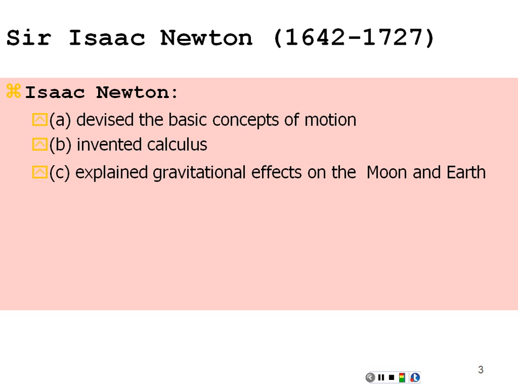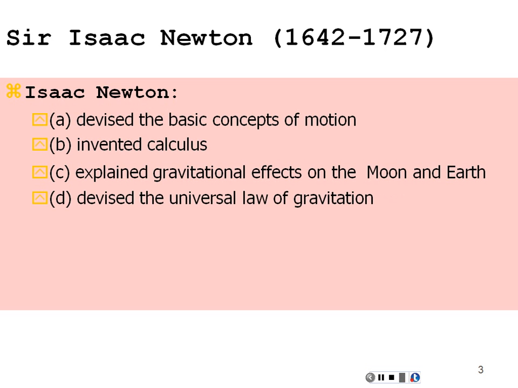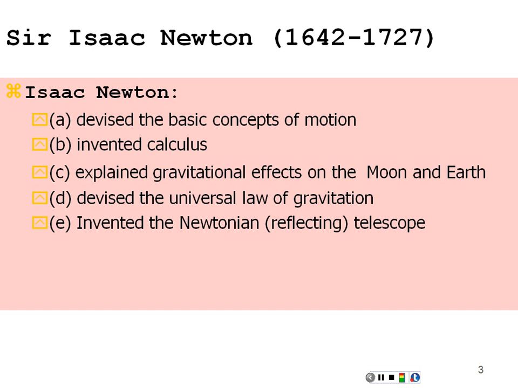Explained the gravitational effects of the Moon and the Earth. Devised the universal law of gravitation, which we'll look at later in this course. Invented the Newtonian or reflecting telescope. It's actually a better design than the refracting telescope that you often see, but all the major telescopes used today, the Hubble telescope, all the large telescopes used today to look at the universe are really based on the design of the Newtonian telescope, the reflecting telescope.